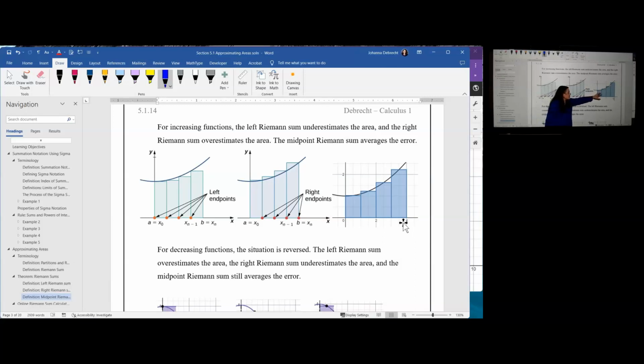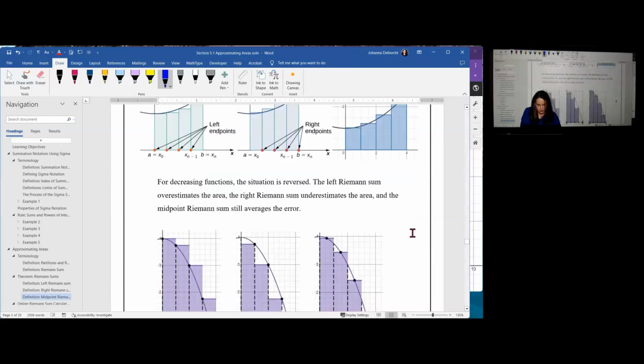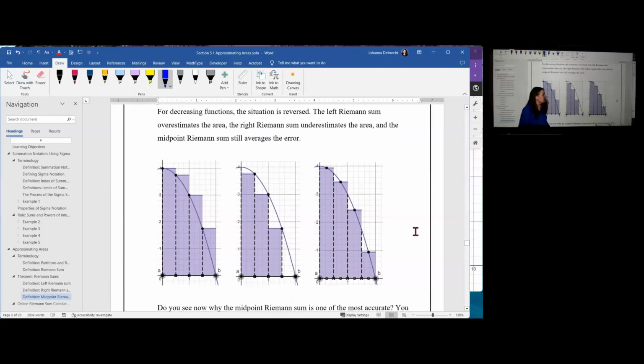The midpoint, again, averages out the area on each subinterval by including a little above and a little below. For a decreasing function, the situation is reversed. For a function that decreases from left to right, the left Riemann sum overestimates, the right Riemann sum underestimates. And again, the midpoint Riemann sum sort of averages out the error.